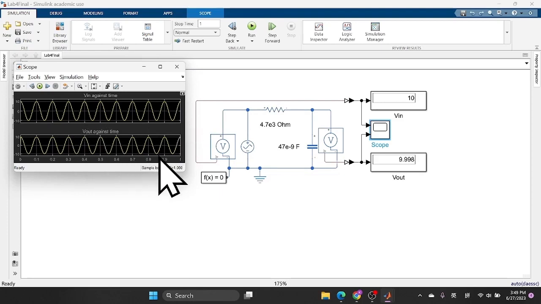At 1 second, the V in value is 10 and the V out value is 9.99.